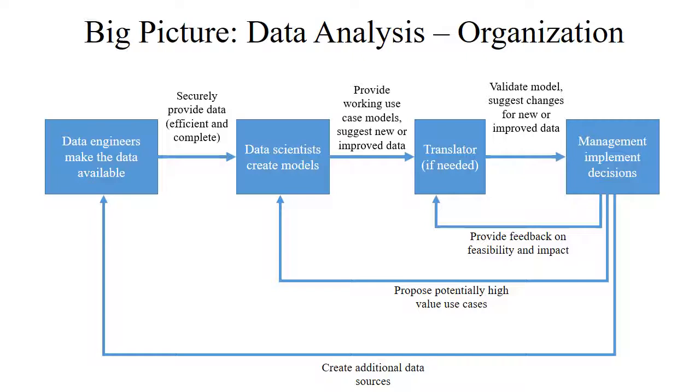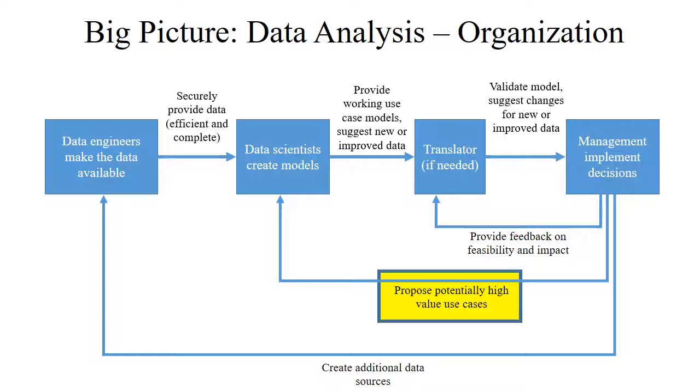Now, this is the general overview for how that flow works, but where do we start? Let's say I want to start this from scratch. Where do I focus on first? And really where we need to focus is management proposing potentially high-value use cases. Now, why?